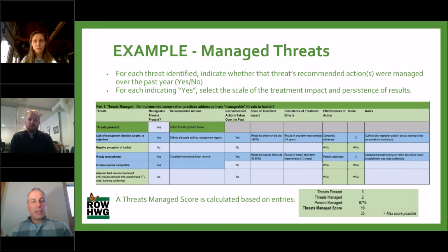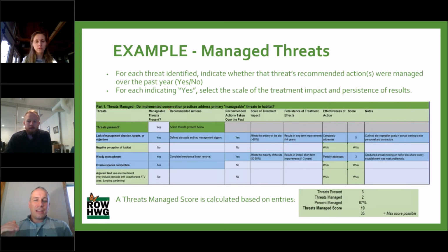Then next as you expand into the rest of the sheet there, you've identified the manageable threats, the recommended actions to address those threats, and then that next column is, were those actions taken over the past year? And so you can look at those recommended actions. In this case, we have 3 threats. We have a lack of management direction or targets or objectives.